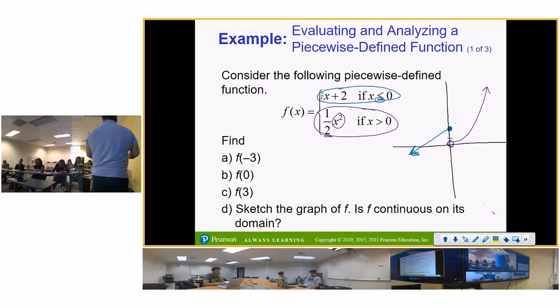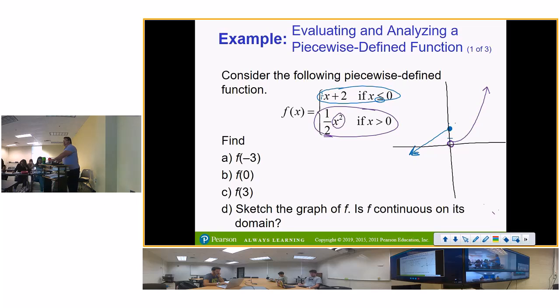Now, the piecewise function basically says that I have two functions represented instead of one. Now, do you work it the same way? Yes. Find f of negative 3. Well, where's the only place that I can find f of negative 3? Where's the only place that's represented at x equals negative 3? The blue line or the purple line?